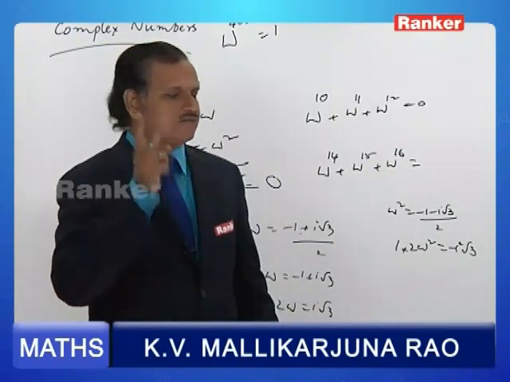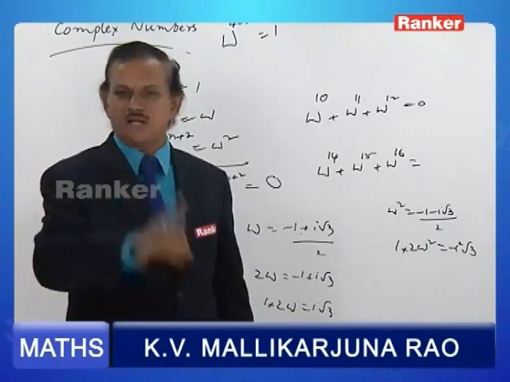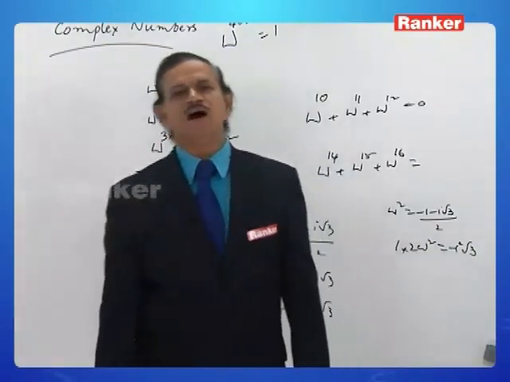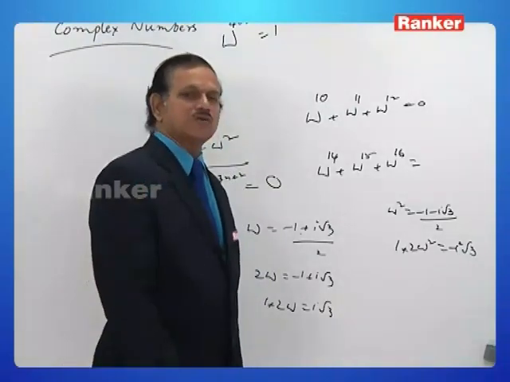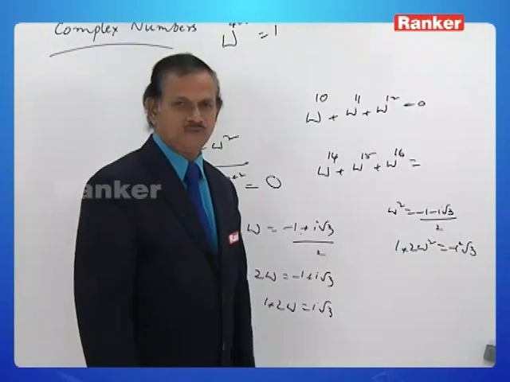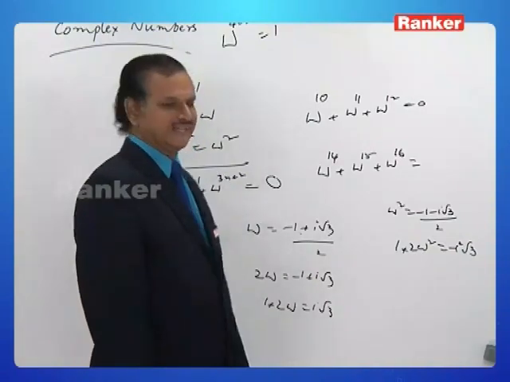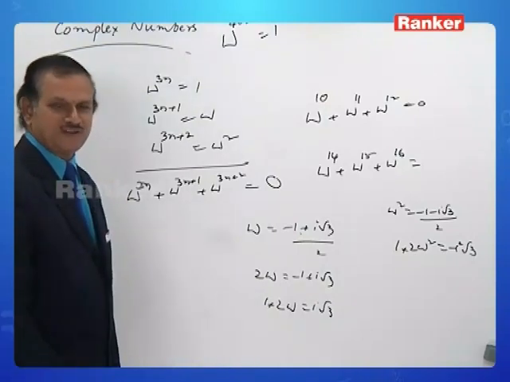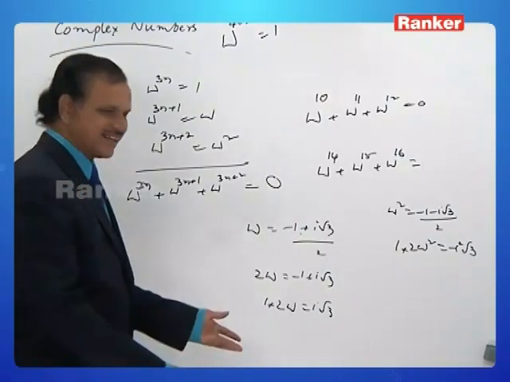If m leaves a remainder 2 when divided by 3, then omega power m is omega square. And the sum of 3 consecutive integral powers of omega is always 0. Yes. Let us now look at some other 4th roots of unity and nth roots of unity in the next session.